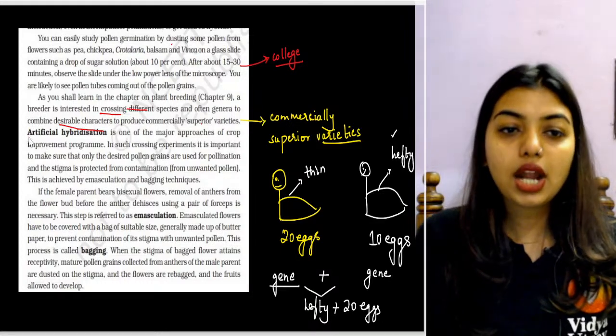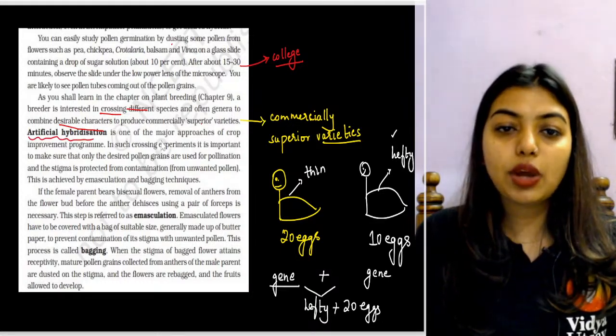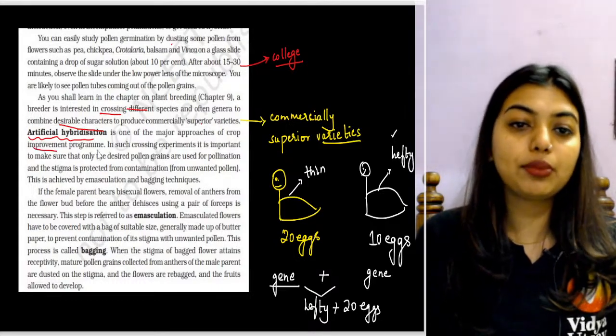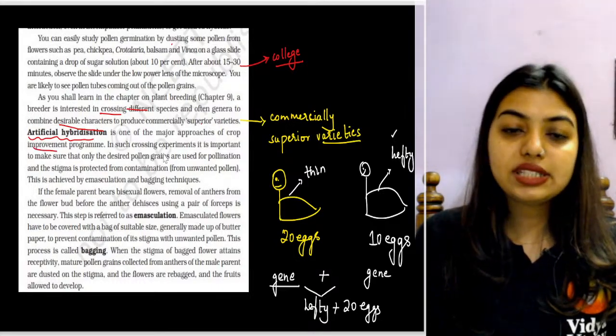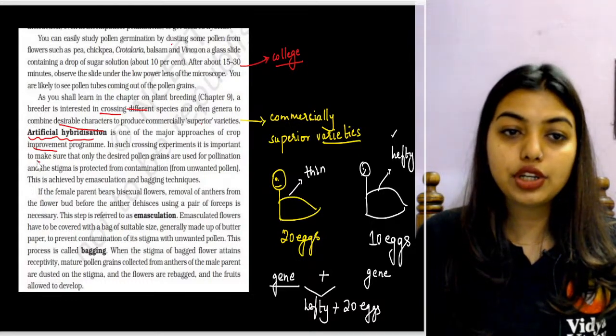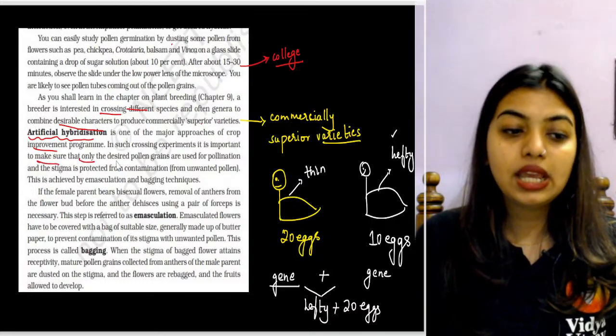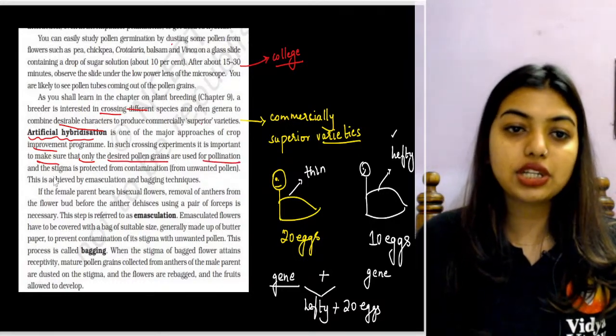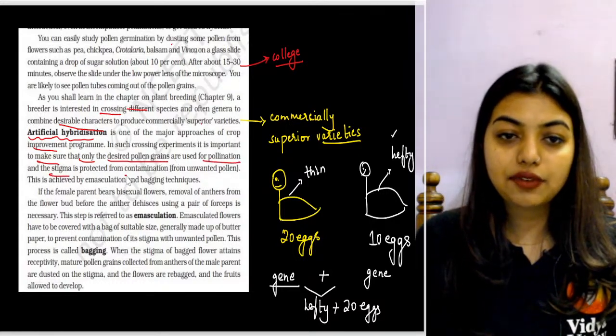Look here. Artificial hybridization is one of the major approaches of crop improvement programs. In such a crossing experiment, it is important to make sure that only the desired pollen grains are used for pollination and the stigma is protected from contamination.